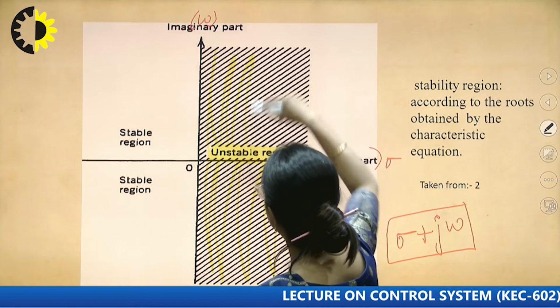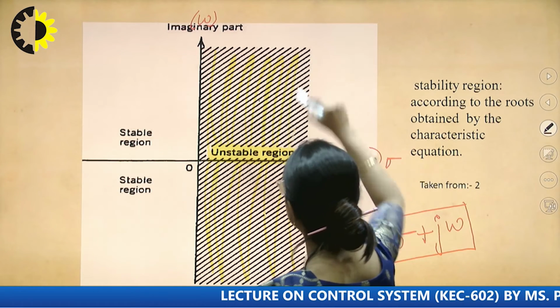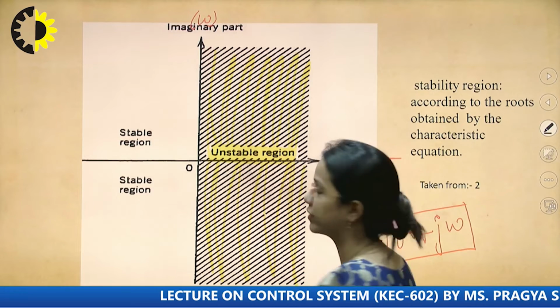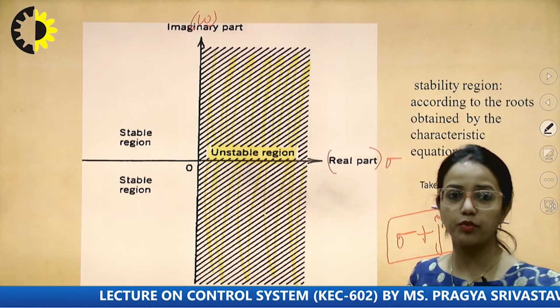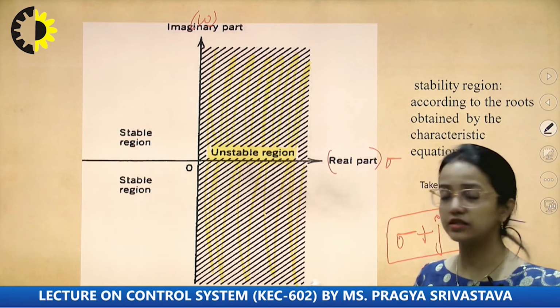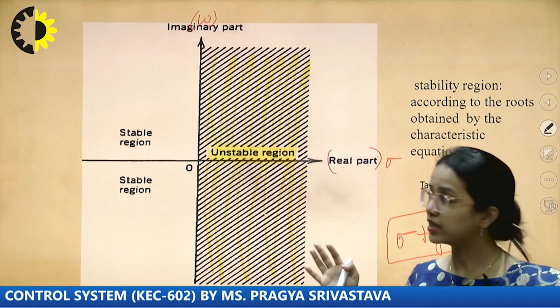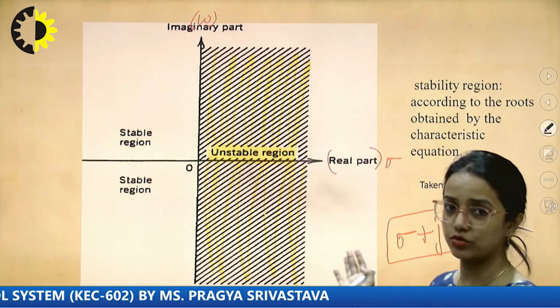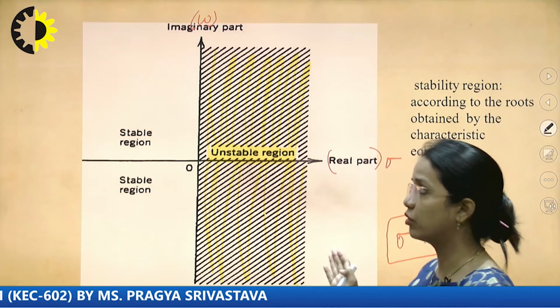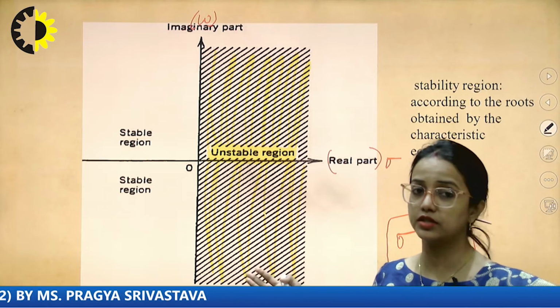Any roots, any value of S, S1 and S2, the roots of any equation placed in this part of the S-plane, the right hand side of the S-plane, the system will result in an unstable system.